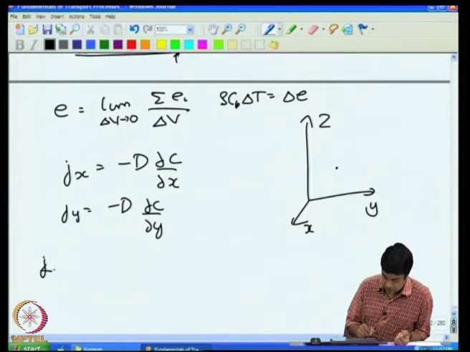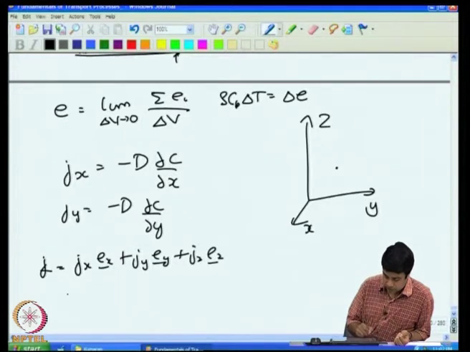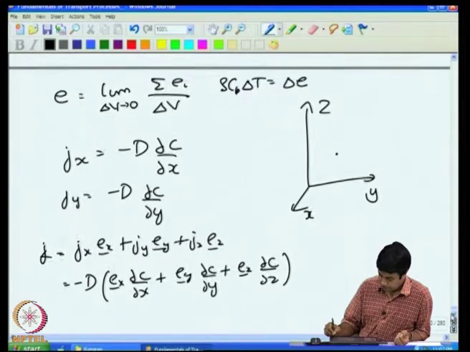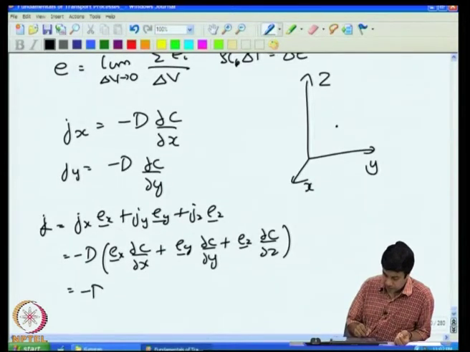J vector is equal to Jx ex plus Jy ey plus Jz ez, which is equal to minus D grad c.